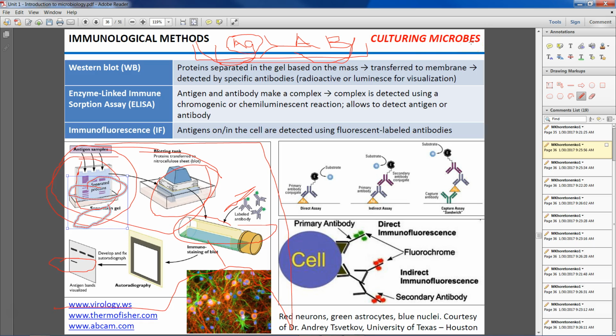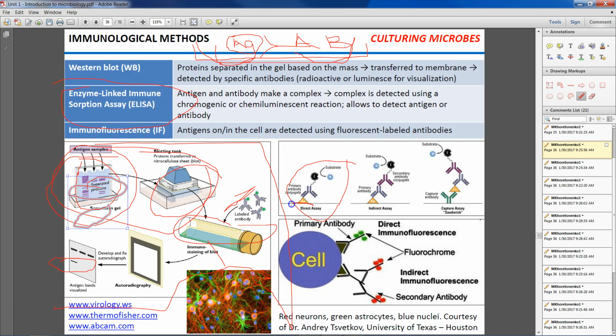Two other methods that I'm going to tell you about are based on the same basic principle. In ELISA, which stands for enzyme-linked immunosorbent assay, right here, you can see the basic method.